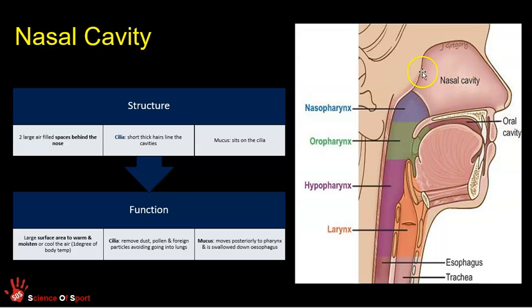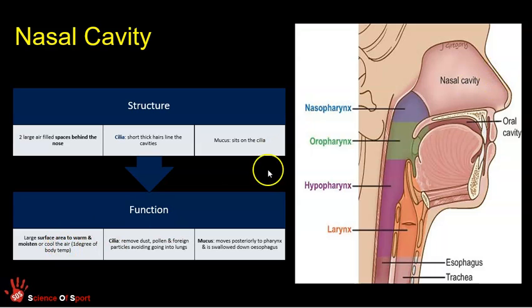We've also got mucus layers in the nasal cavity, and it's basically like sticky glue. So again, some of the particles get stuck in the mucus. I mean, actually, we swallow it for the most part, but it stops them going down into our lungs. We don't want these foreign bodies or these particles going down into our lungs. So the cilia and the mucus protect us by cleaning the air.